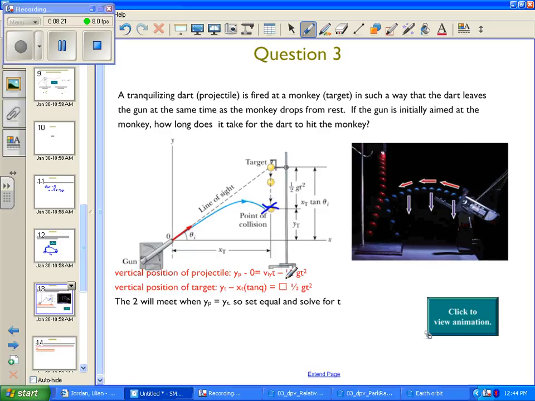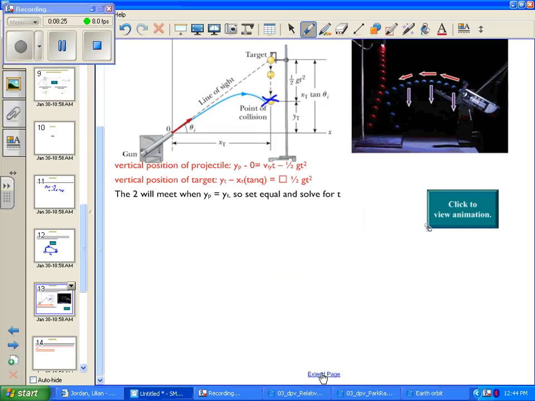Now we've had a little disintegration here of our mathematical symbols, but let's see what we can do here. For the projectile, we've got the vertical position of the projectile minus its initial position. So this is final at the point of striking, minus initial, which is 0, so we'll leave it off for now, is equal to the initial velocity of the projectile in the y direction times t.